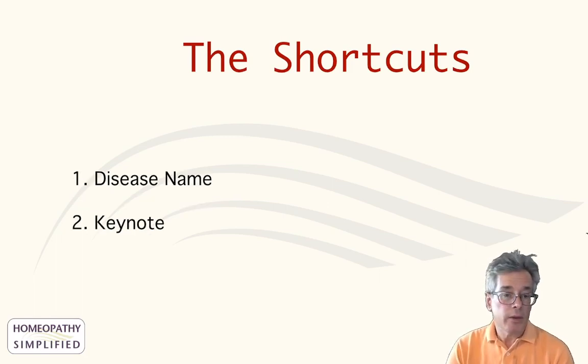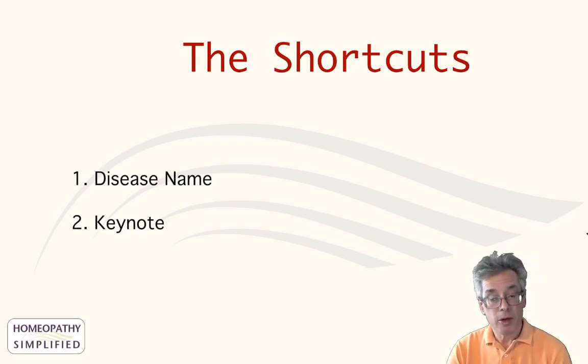And then keynotes of symptoms. So for example, the remedy lycopodium has a time of aggravation very commonly in its picture, worse in the afternoon. And there are many, many, many keynotes that describe the remedies that we would think of when a person has that.